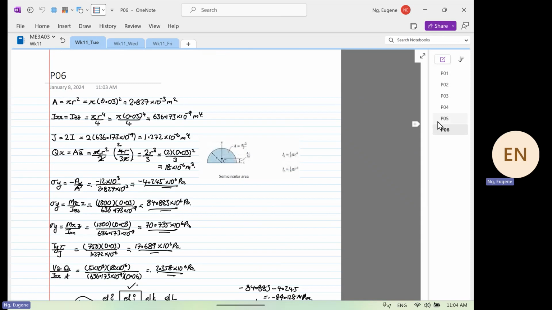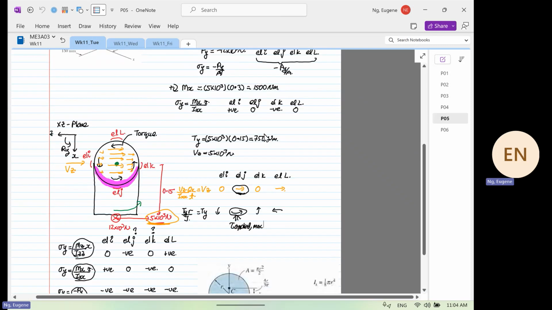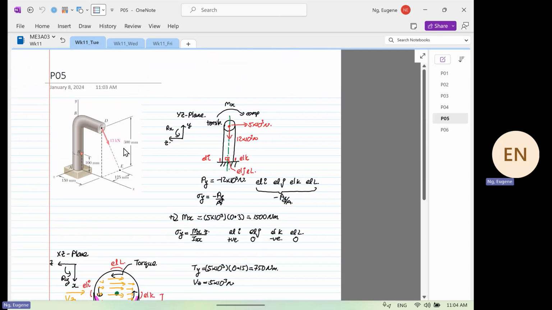So what I did just now is I randomly went to an example. This example over here is combined loading, yes or no?